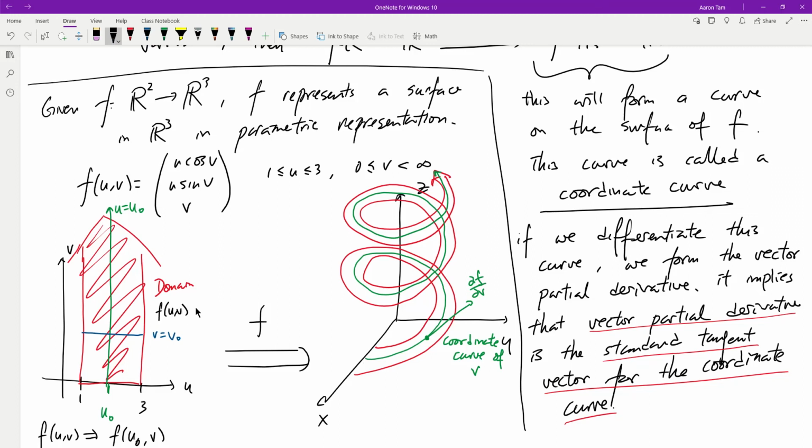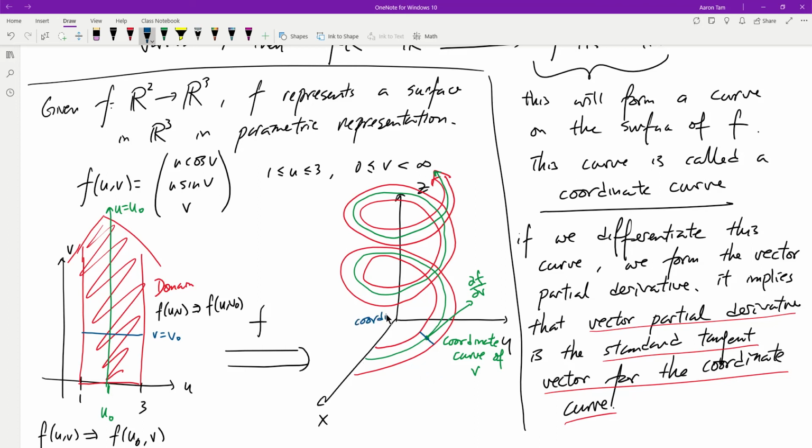And if you think about this one right here, this will make f of (u, v) turn into f of (u, v sub 0). So u is the only variable changing, while v is now fixed to be a v sub 0 value. And what would this coordinate curve look like on this picture? It will probably look something like this. I can probably draw it. Let's draw it right here.